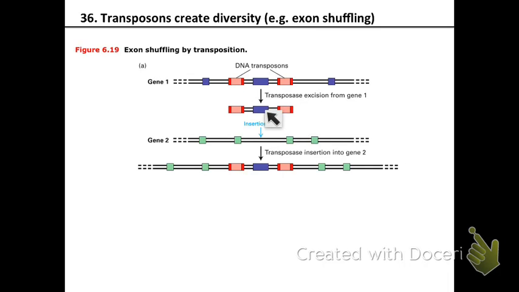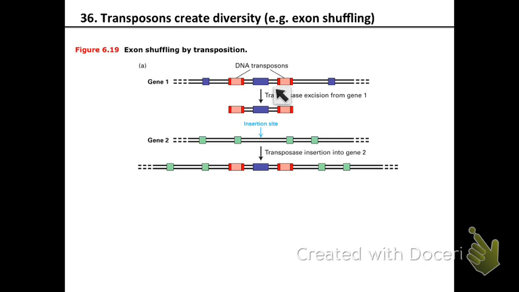For example, if it happens that there are 2 DNA transposons surrounding an exon, right? And the transposase accidentally, instead of cutting here and here, cuts here and here.